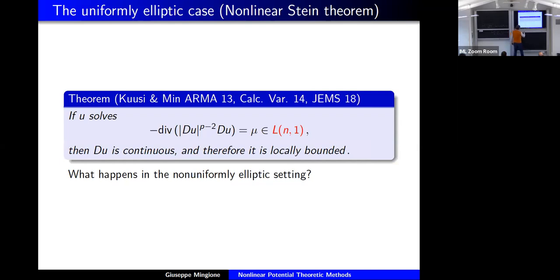Now let me go back to this theorem I showed you before. This is the nonlinear Stein theorem by Hussein and myself that tells you this. This can also be extended to fully nonlinear elliptic equations. This we did with Totti and Tuomo, and this reaches the borderline case of results of Caffarelli, Tolksdorf, and other people. But the proof of this is much more delicate. What happens in the non-uniformly elliptic setting is that the right-hand side is a universal condition, because this should just depend on the shape.